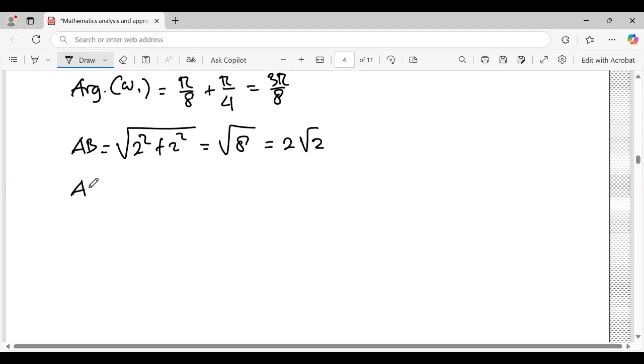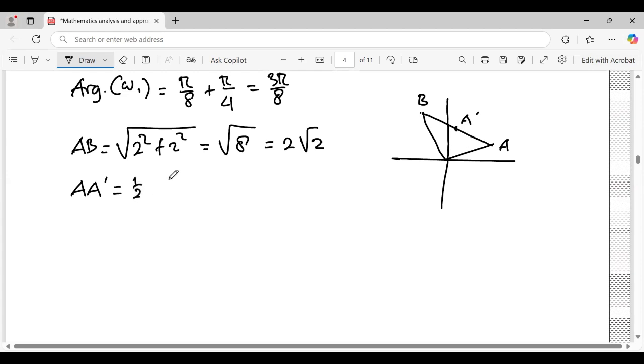Then we can determine A to A accent. I would like to sketch here: this is A, this is A accent, and this is B. A accent is the midpoint between A and B, so A to A accent is half of AB, which is half of 2 square root 2, so it becomes square root 2.